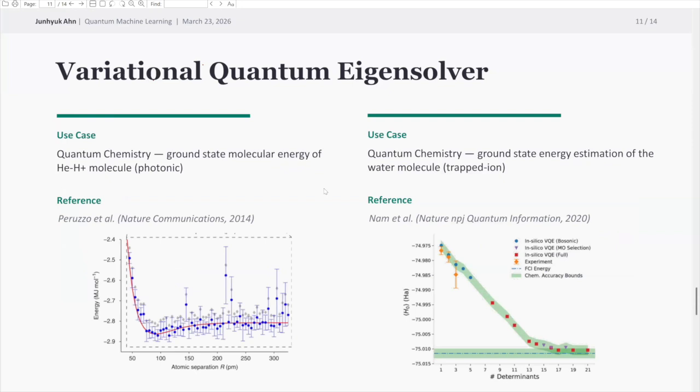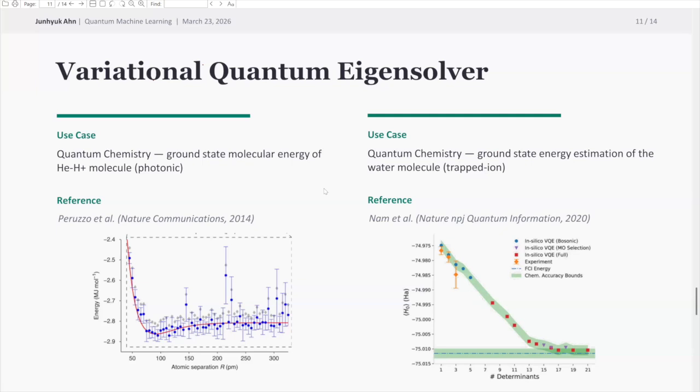Two examples are here. The left example is finding the ground state energy of an HeH plus molecule using a photonic quantum computer. The red line here shows the theoretical values of energy against the atomic separation of the He and H plus atoms, and the blue dots are the values derived from variational quantum eigensolvers.